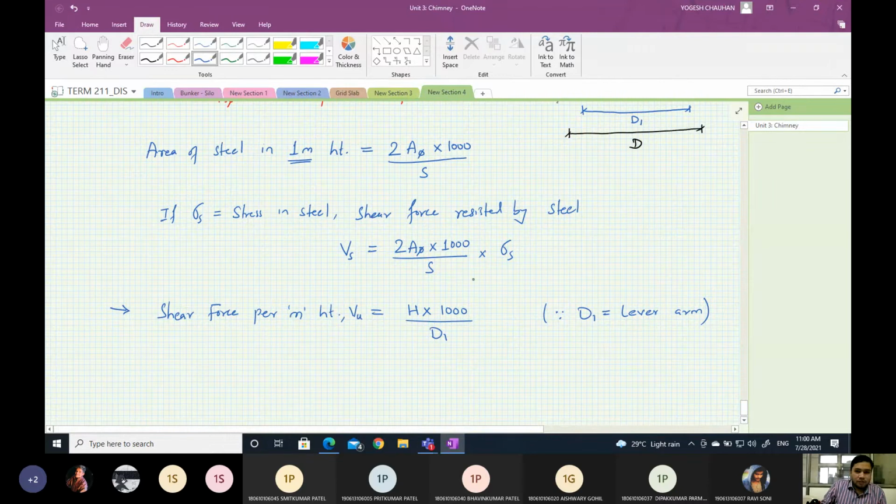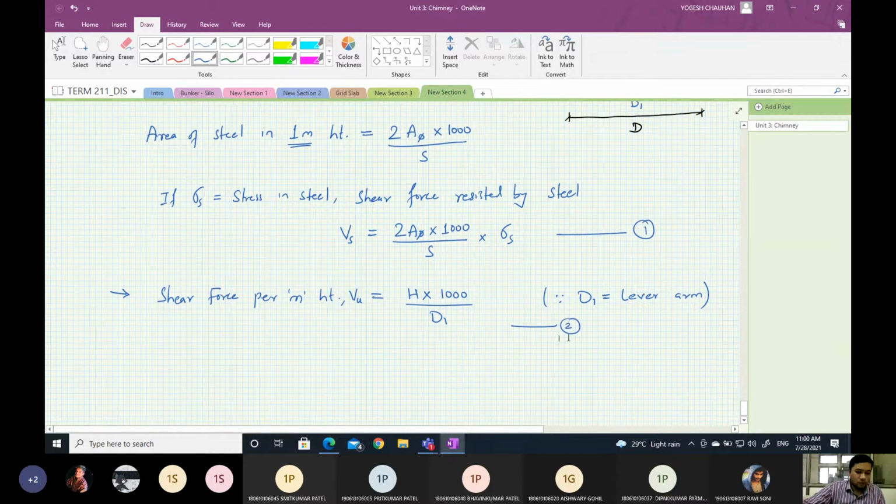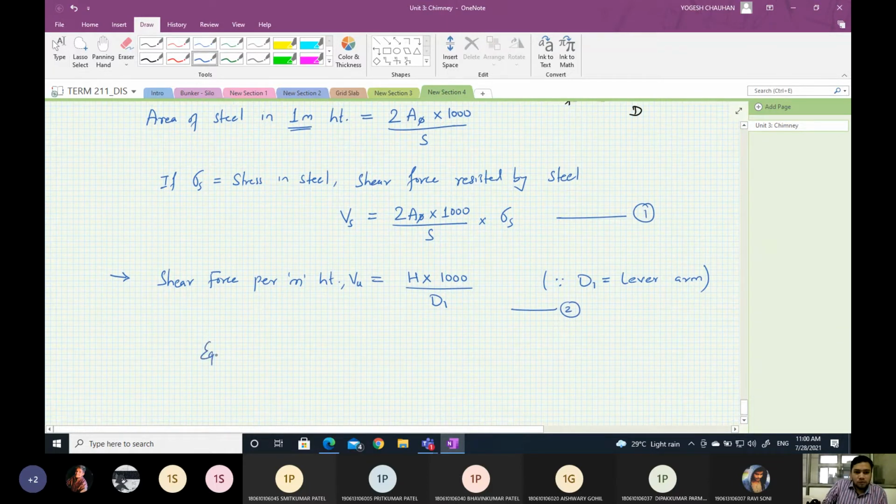So equating this, let us say this is 1 and this is 2. Equating 1 and 2, 2a5 into 1000 divided by S multiplied by sigma S will be equal to H times 1000 divided by D1.